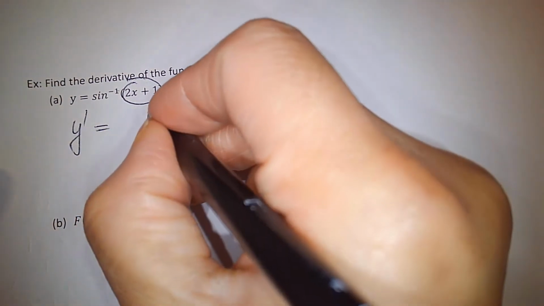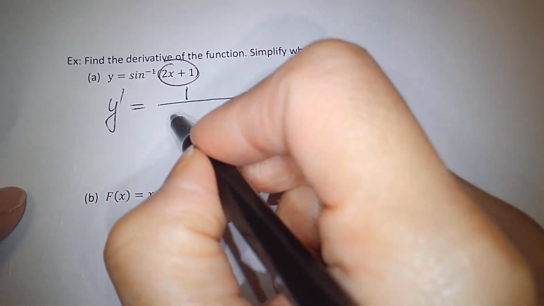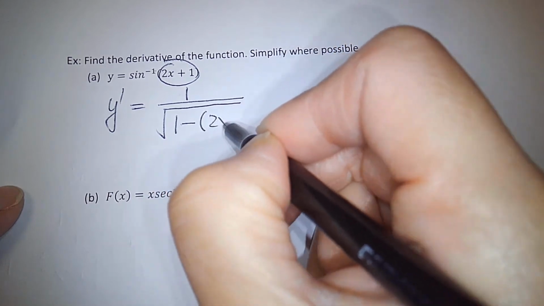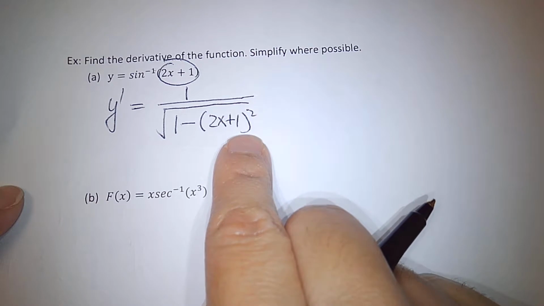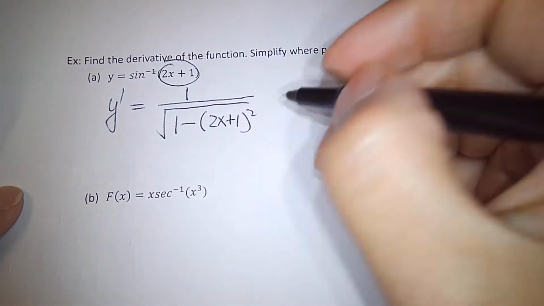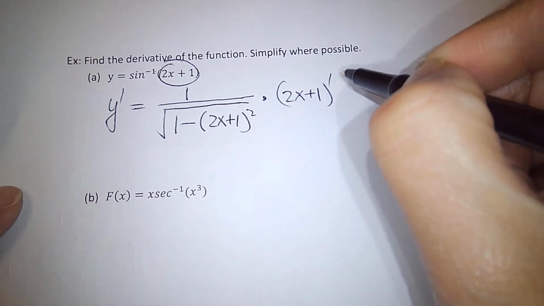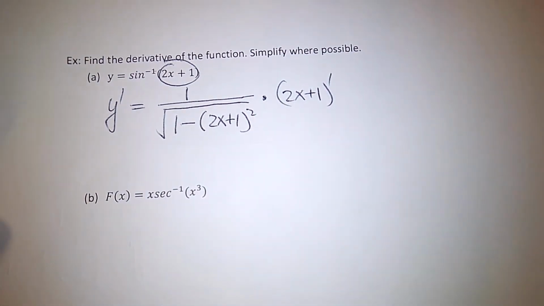So by using the chain rule, y prime equals 1 over square root of 1 minus (2x plus 1) squared, and times the derivative of 2x plus 1 with respect to x. You agree with me? This is step 1.